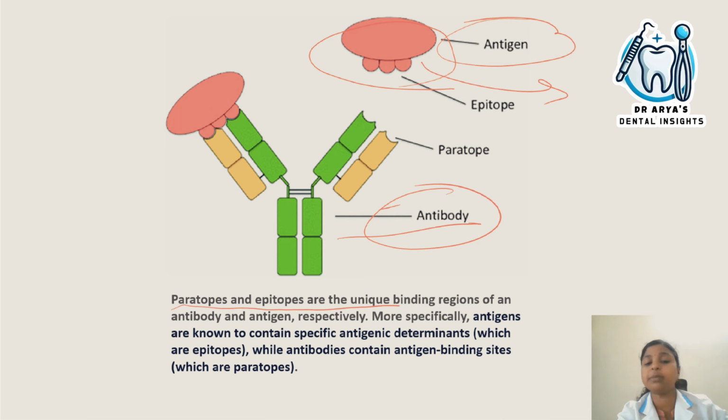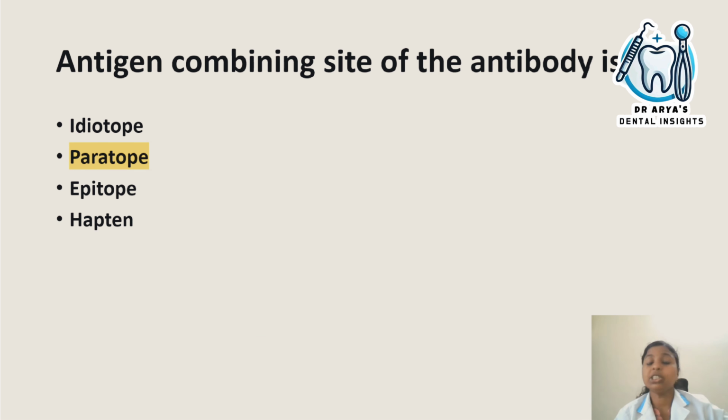Paratopes and epitopes are the unit binding regions of antibody and antigen respectively. More specifically, antigens contain specific antigenic determinants called epitopes, and antibodies contain antigen binding sites known as paratopes. So the antigen combining site of the antibody is known as paratope, and the antigen combining site of the antigen itself is known as epitope.